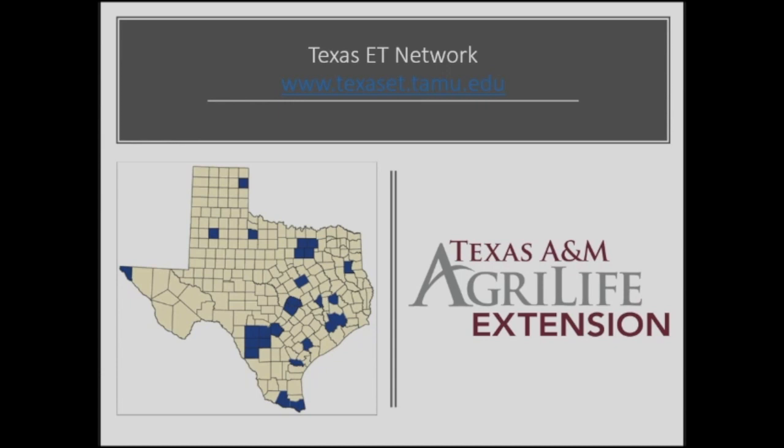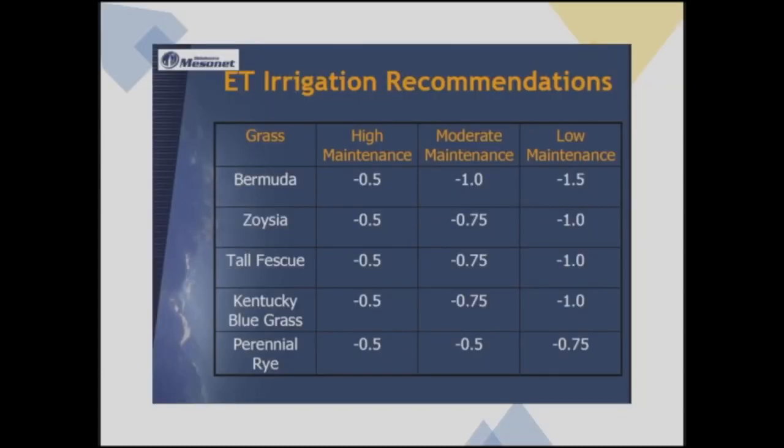This is from Oklahoma. I took advantage of how much the Oklahoma Mesonet was useful whenever I lived there, and I really miss it a lot. You can get a lot of things from the Oklahoma Mesonet. So this is kind of a basic guideline for athletic fields. You can see the different types of grasses. We know that the grasses do have different requirements, right?